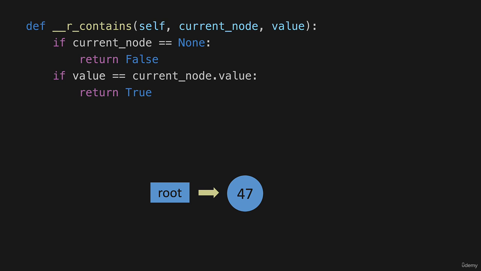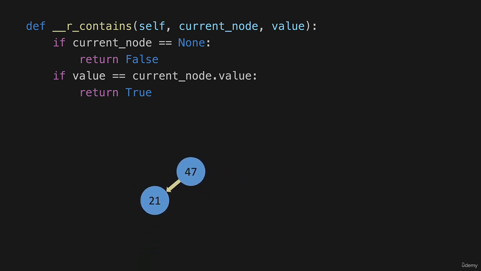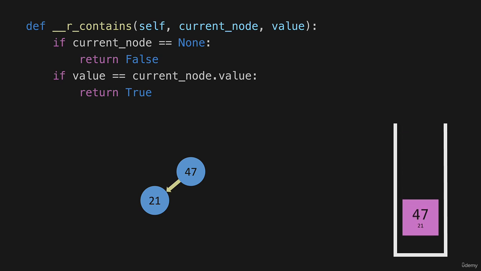Where this becomes a little bit more complicated is if we're looking for the value of 21. So now this is not at the root. To walk through this, I'm going to bring up a call stack and I'm going to add an instance to the call stack. And that instance is being called on the root node to begin with. And then also I have this 21 underneath because that's the value that we're looking for.